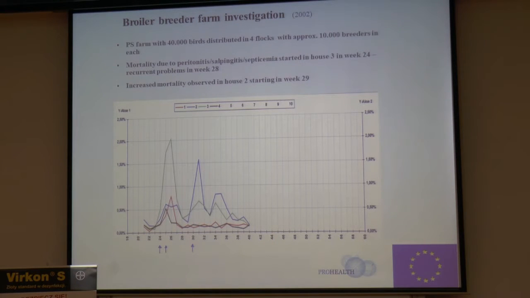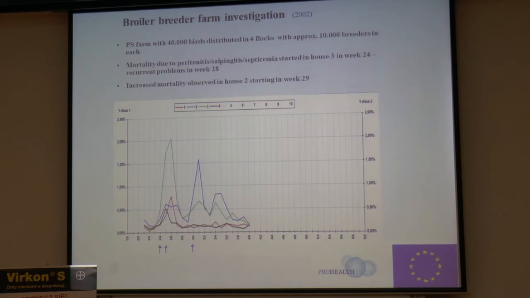We also saw some other aspects. This was also from 2002 concerning the broiler breeders, because sometimes we saw outbreaks of mortality due to peritonitis, salpingitis, and septicemia. The pattern we saw consistently for some years at least was that mortality could start in one house, in this case house 3, the green bar here, and then after a certain time it started in another house on the same farm.